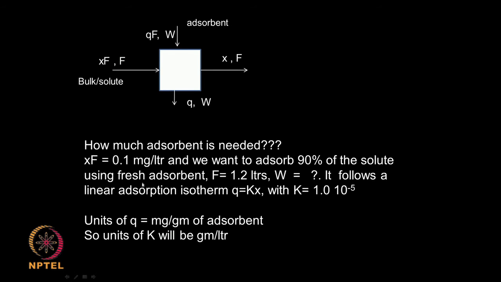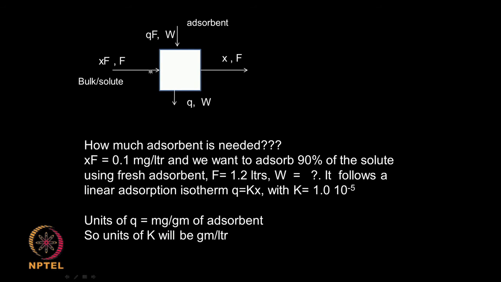Okay. Let us look at a small problem. This is a useful mass balance equation, because I want to calculate the amount of adsorbent I should take, that is, the amount of solid. It could be silica gel or carbon or zeolite. And I want to adsorb 90% of whatever solute is entering.